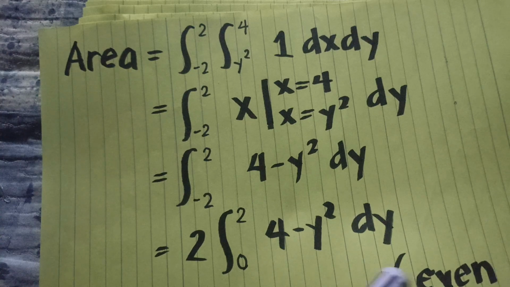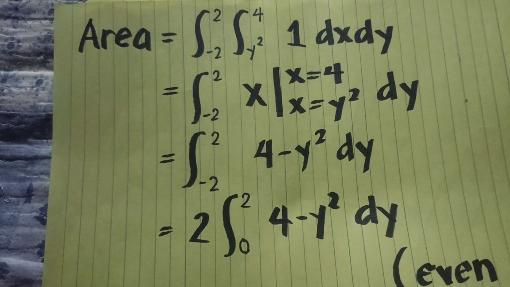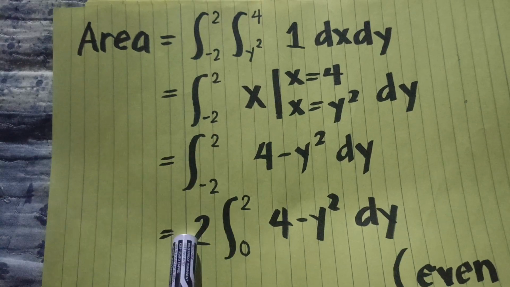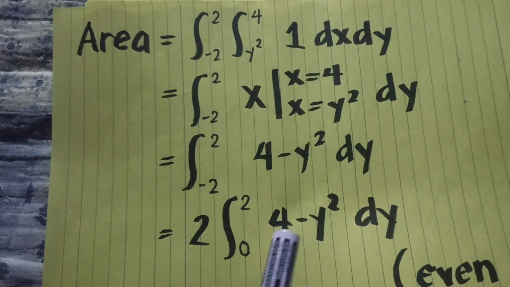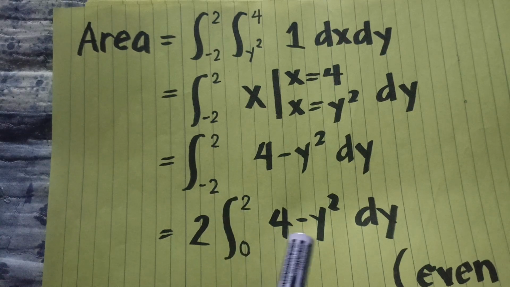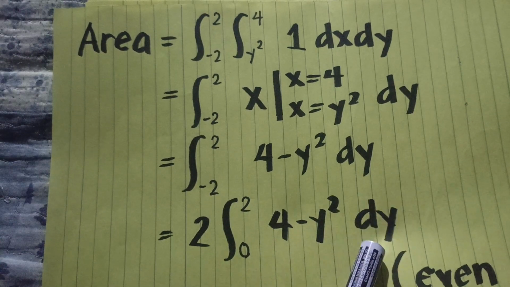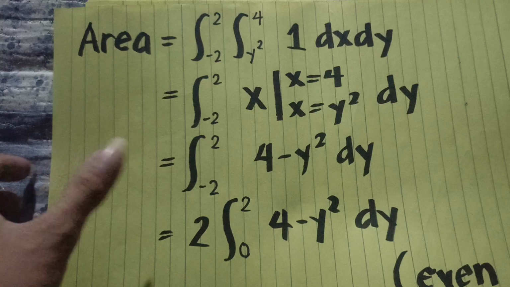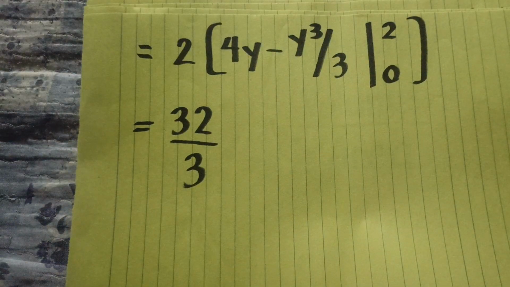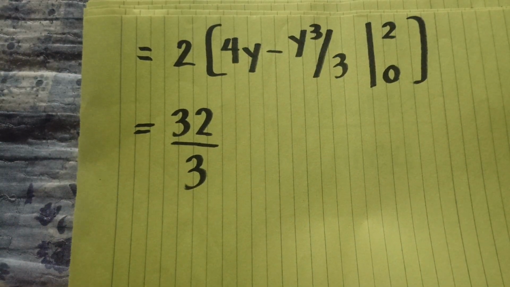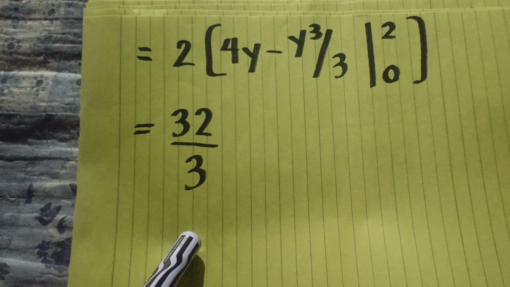This is even, symmetric with respect to y. So we're going to write this as twice the integral from 0 to 2 of 4 minus y squared dy. So that's going to be 2 times 4y minus y cubed over 3, which results in 32 over 3.